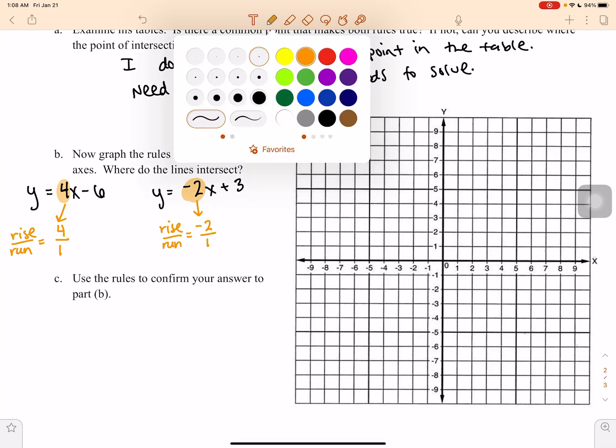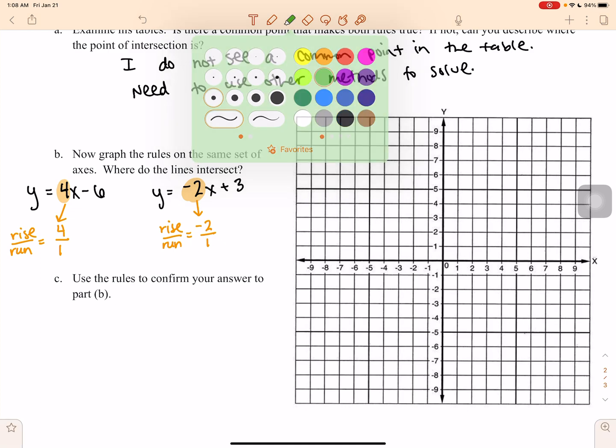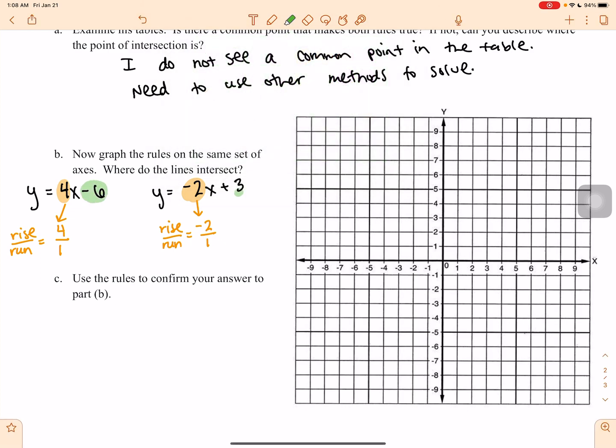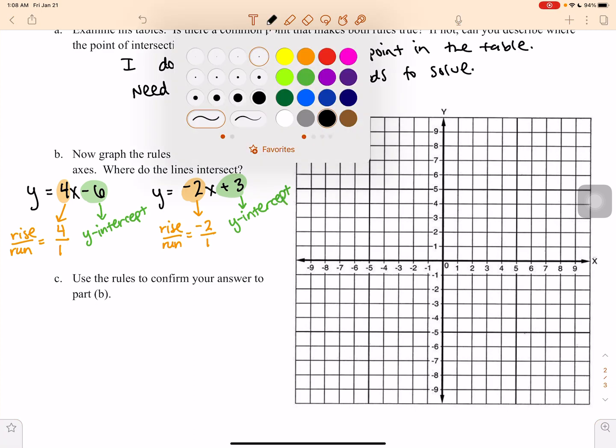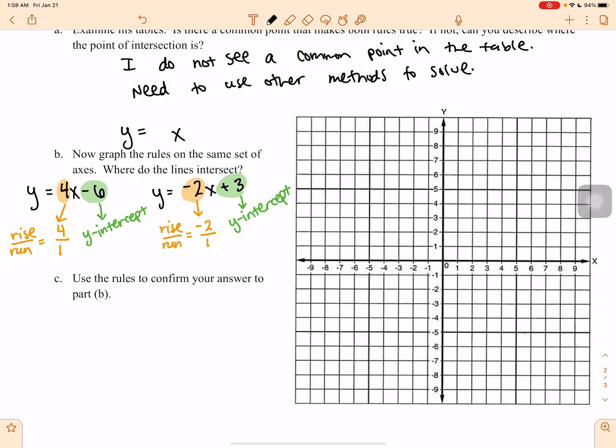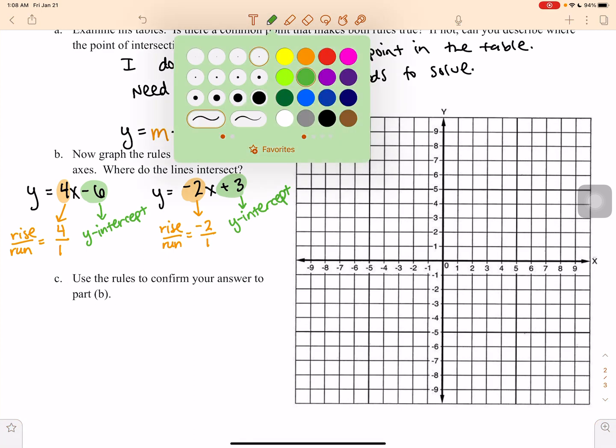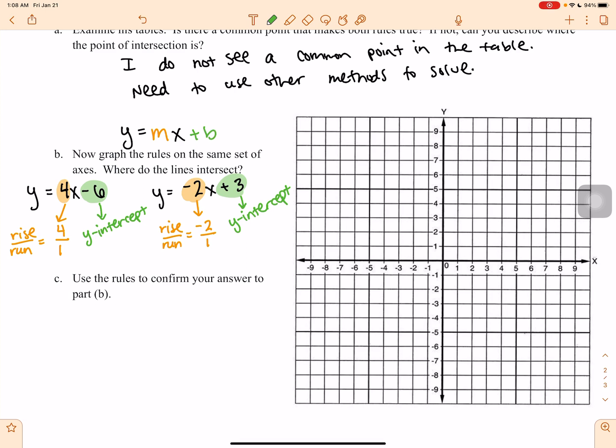Now, this number here is your y-intercept. That's a good first point to start at. You need that point. That is your y-intercept for each of these, or you can call it your b. So remember, this is all y equals mx plus b, where m is the slope. Very important.